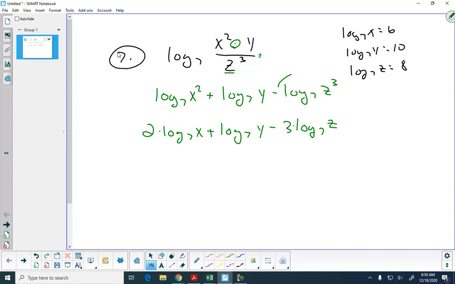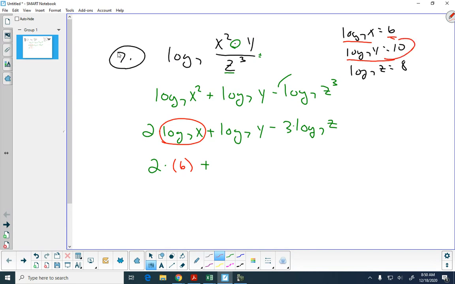Once again, that is multiplication. Now, the most common mistake is we get confused in regards to saying the log base 7 of x is equal to 6, and then we want to take the log base 7 of 6. This value right here is given to us as a value of 6. So we have 2 times this value of 6 plus the log base 7 of y.